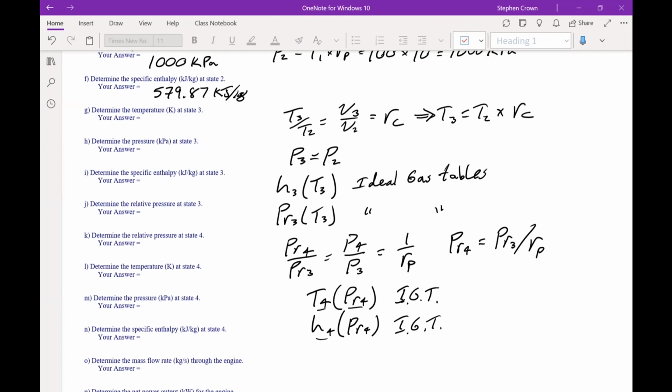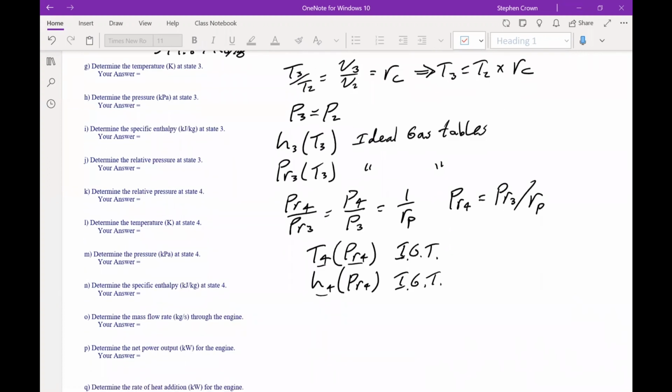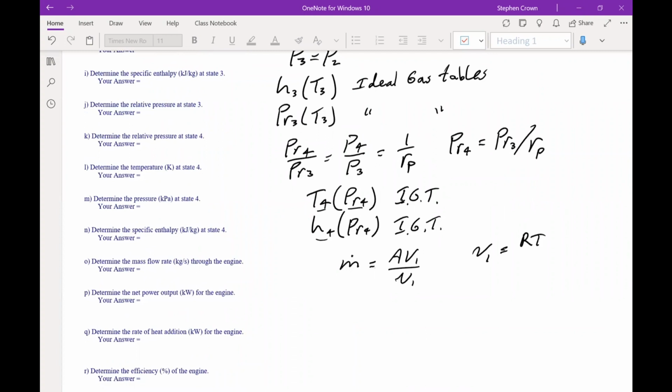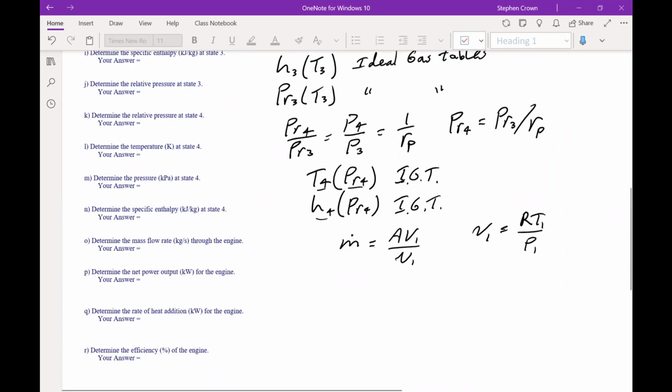And then the same way as we did before, mass flow rate equals A V1 over specific volume 1, where specific volume 1 equals R T1 over P1. And just as before, I skipped one thing, but P4 obviously is equal to P1.